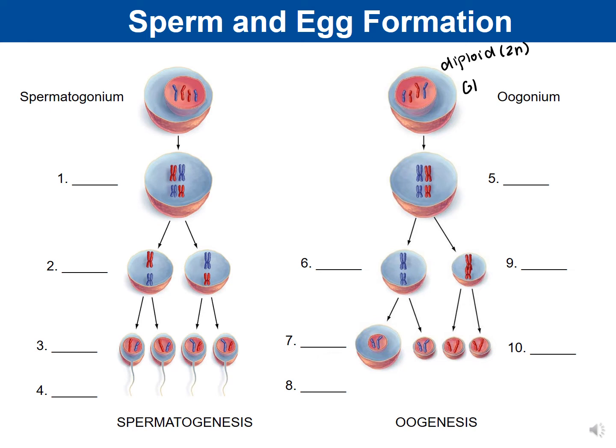The cell is going to undergo S phase, and it's going to duplicate its DNA. And so for this cell, which is like in G2, for example, this cell is still diploid because it has its homologous pair. Notice we're separating homologous pairs. So this is going to be meiosis 1. Happens here and happens here. So meiosis 1 is going to separate homologous pairs.